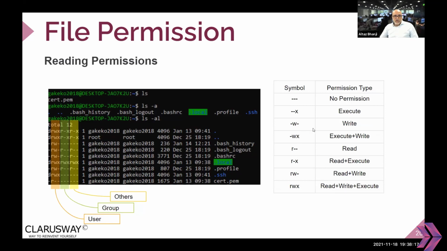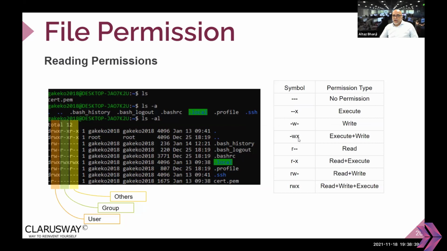Then you've got write-only permissions. It would be a little bit uncommon to have only write permissions. Typically, if you're going to have write permissions, you're going to have read permissions as well. But it's not impossible to have write. You can see there's no file here that has just write permissions.